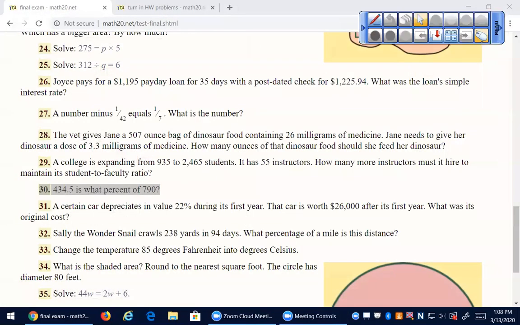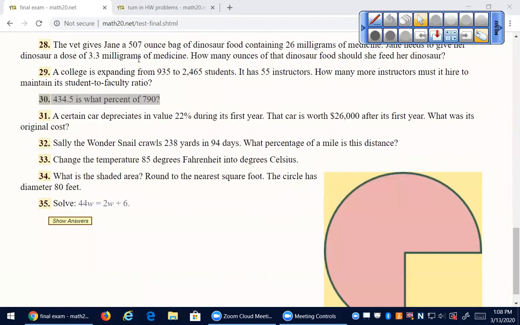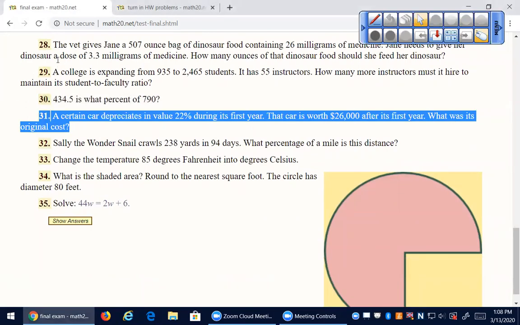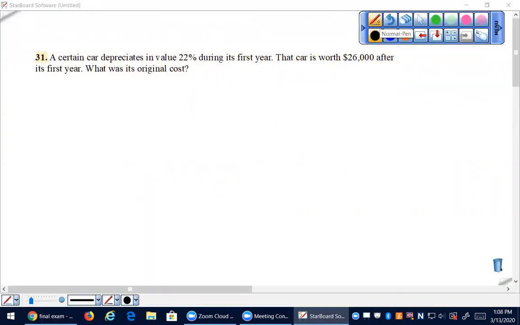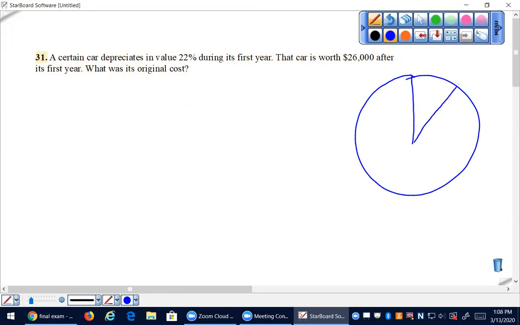Okay, 31 is really tricky. So I have this car price and it goes down by 22%. How much is the rest of my pie?